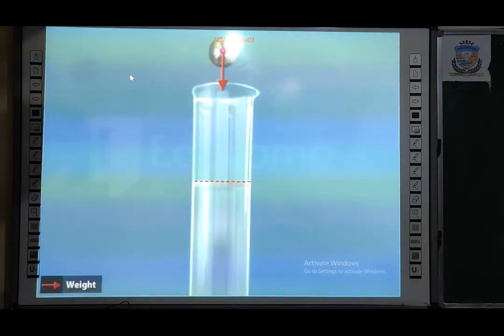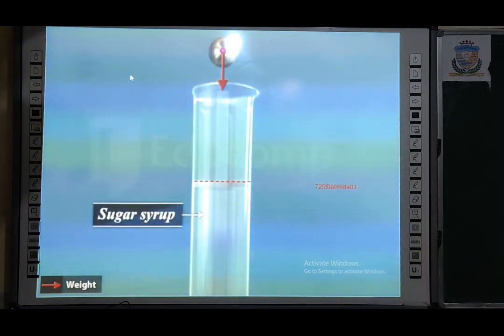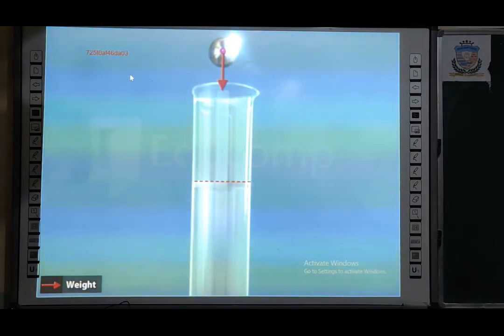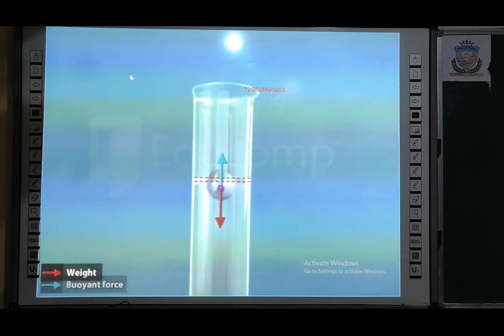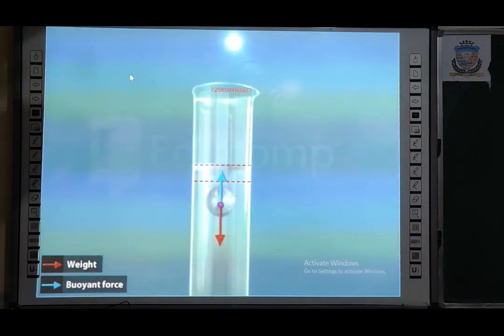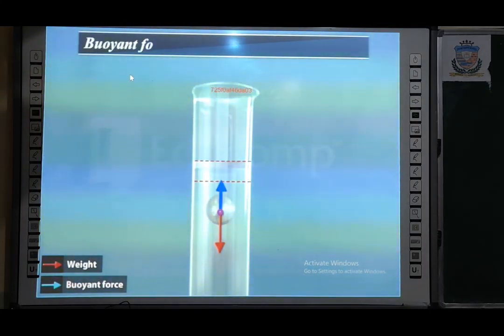The ball is in a fluid, hence it also experiences one more force in the upward direction, the buoyant force. Now the ball has to travel through both air and sugar syrup. It will experience a buoyant force from both, and the buoyant force of air on the ball is very small compared to the gravitational force mg. We can neglect the buoyant force of air. Inside the liquid, the buoyant force is equal to the weight of the fluid displaced.